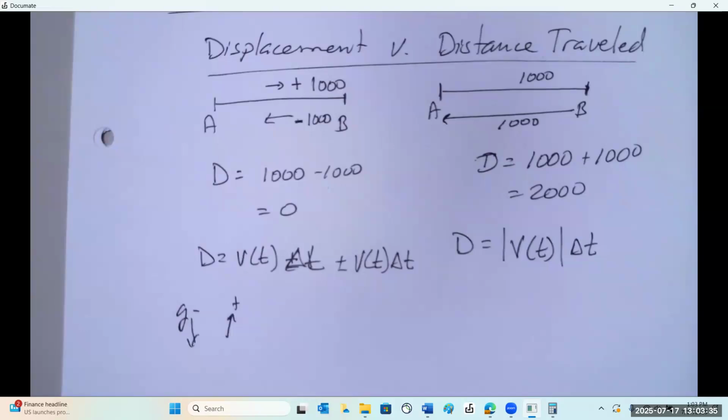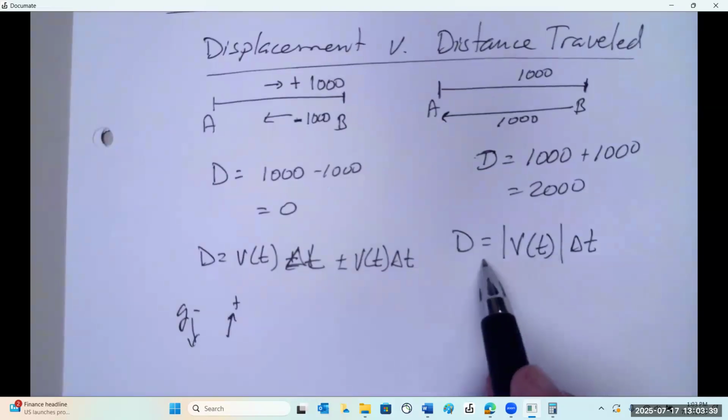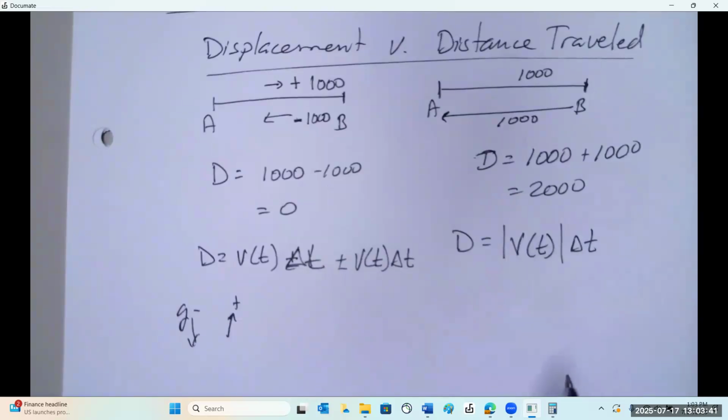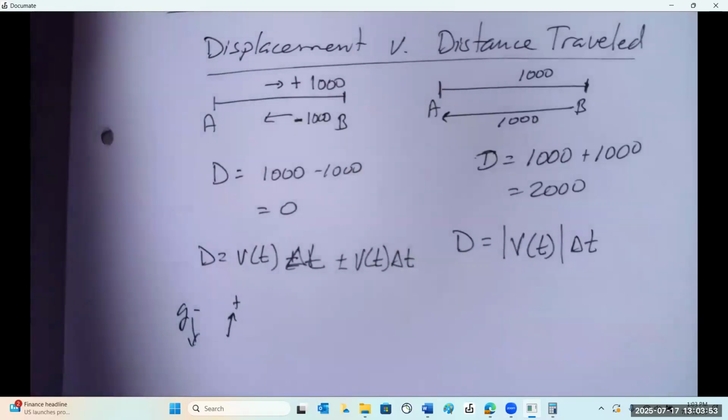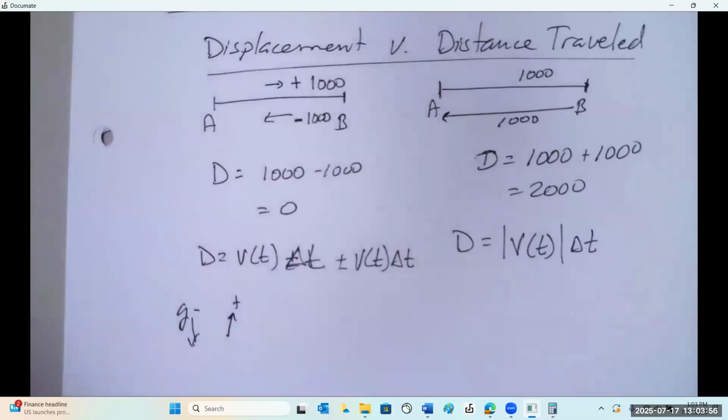It's the difference of the two. As opposed to the total distance traveled, where you add up all the individual locations. Crikey. I don't want to do that, but I'll do it.